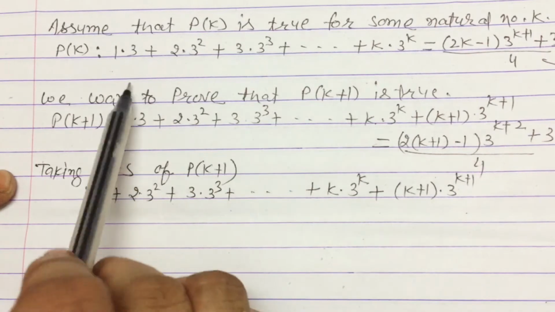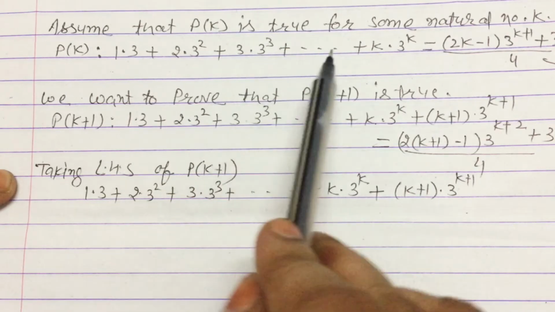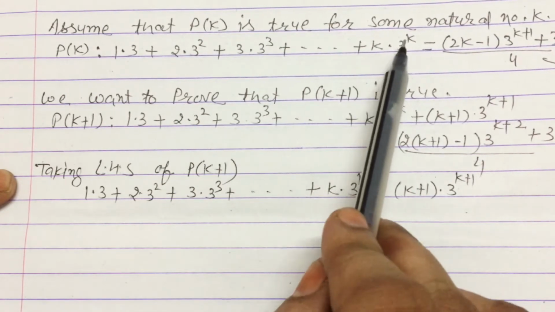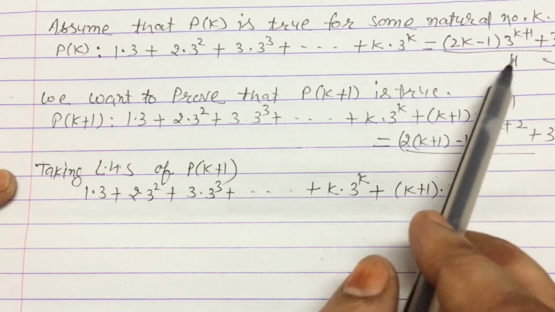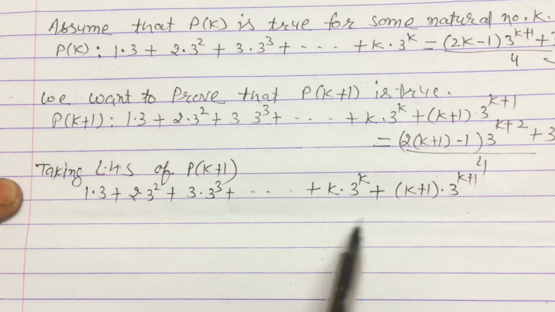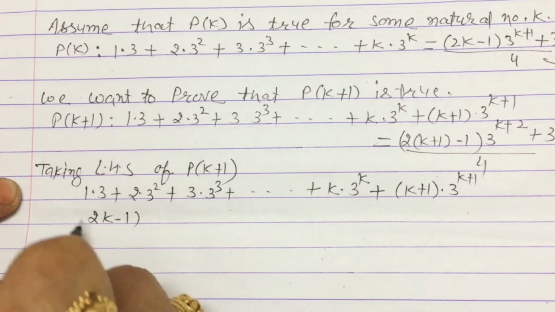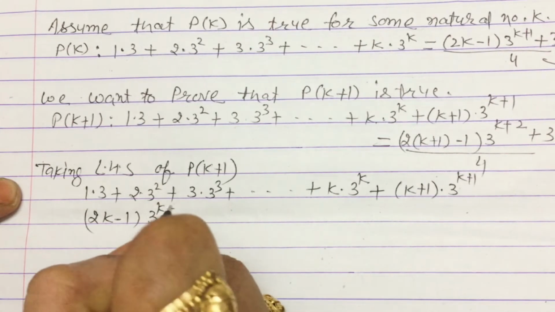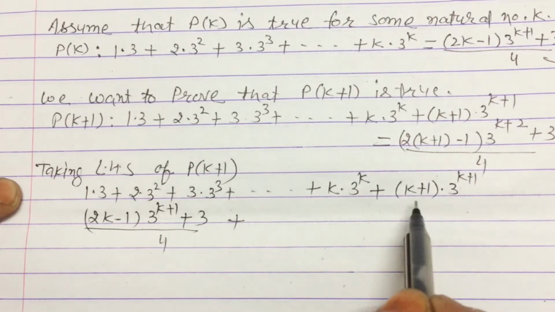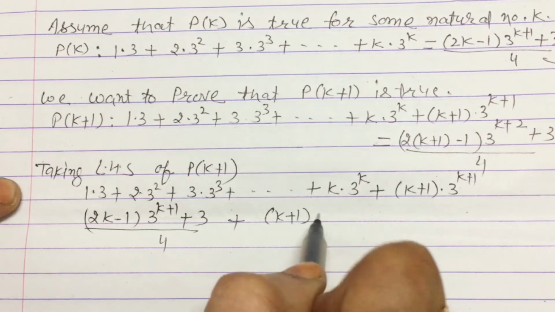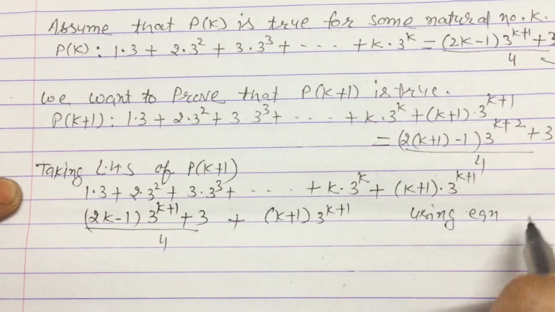So for 1 into 3 plus 2 into 3 square, 3 into 3 cube and plus k into 3 raised k, it is equal to (2k minus 1) 3 raised k plus 1 plus 3 by 4. So here I am using the equation first and write here (2k minus 1) 3 raised k plus 1 plus 3 by 4, and write the next term. It is (k plus 1) 3 raised k plus 1.